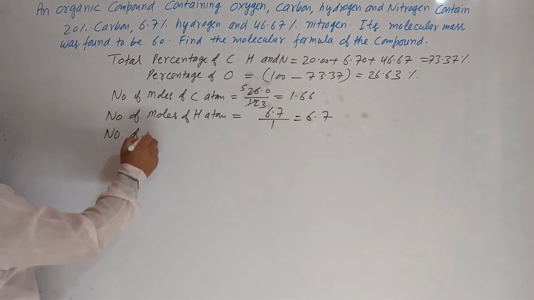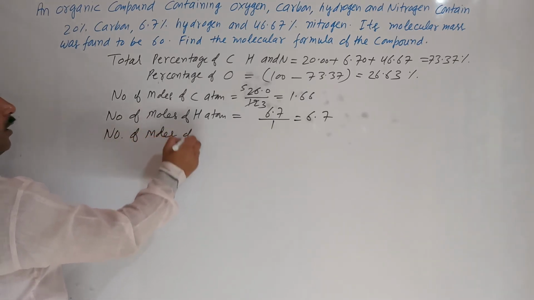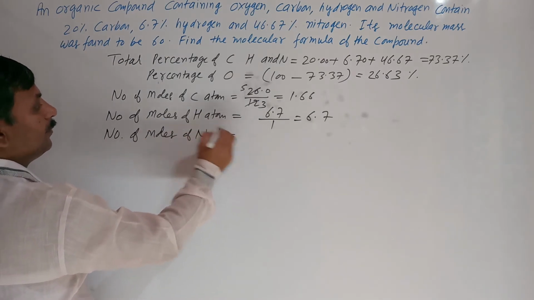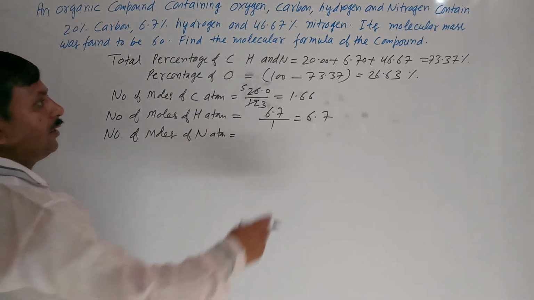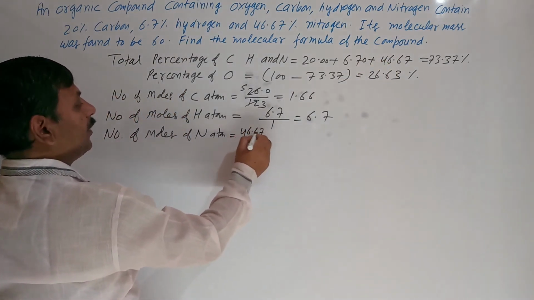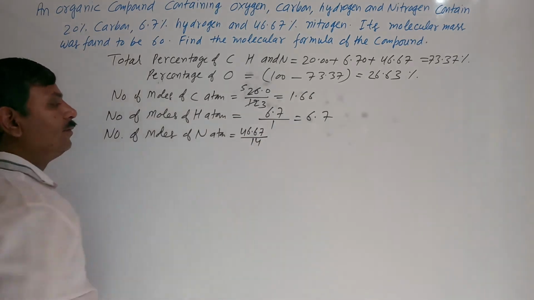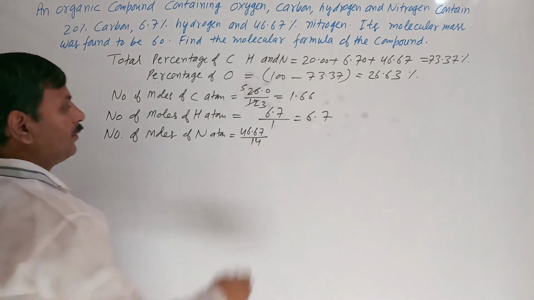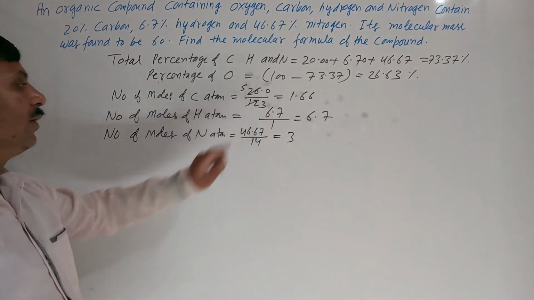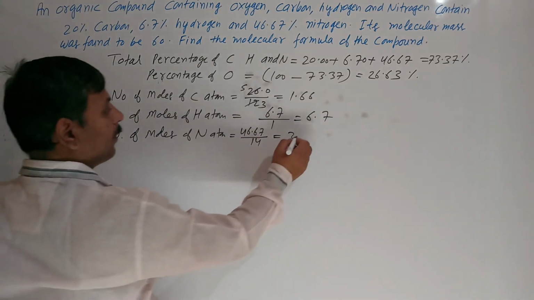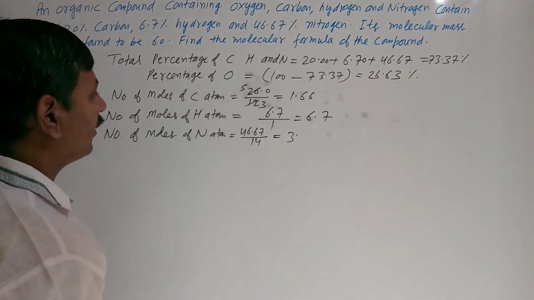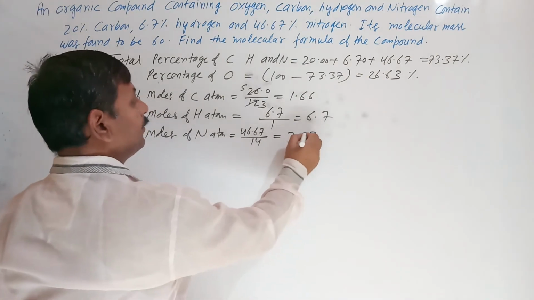Number of moles of nitrogen atoms: 46.67 divided by the atomic mass of nitrogen, 14. 14 3s are 42, so this will come 3.33.